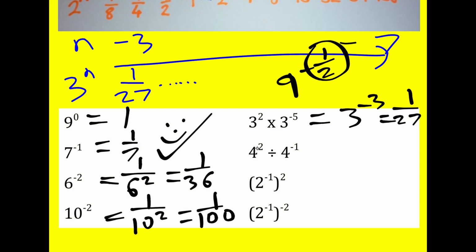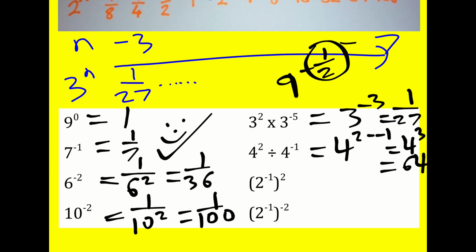Okay, 4 squared divided by 4 to the minus 1. Rules of indices still work. It's going to be 4 to the 2 minus minus 1. I'm subtracting a negative, so actually it's going to become 4 to the 3, which is 64.